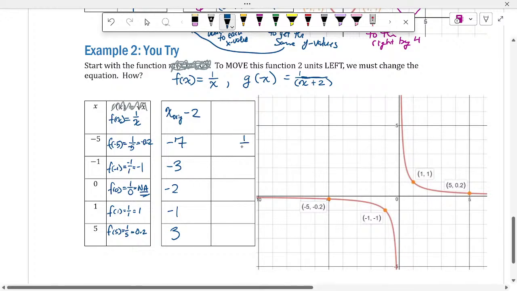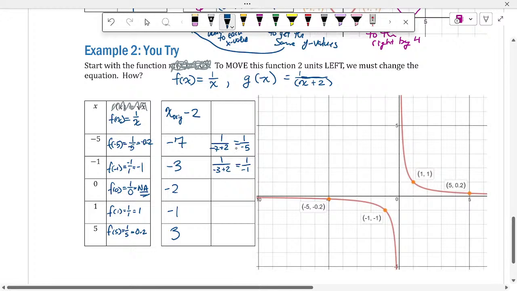But to do that, I have to do 1 over -7, and then what do I do with it? Add 2, and that'll make it -5. Does that make sense? And then what about this one? I want it to equal 1 over -1. So what do I have to actually put under here? 1 over -3 plus 2. Does that make sense?